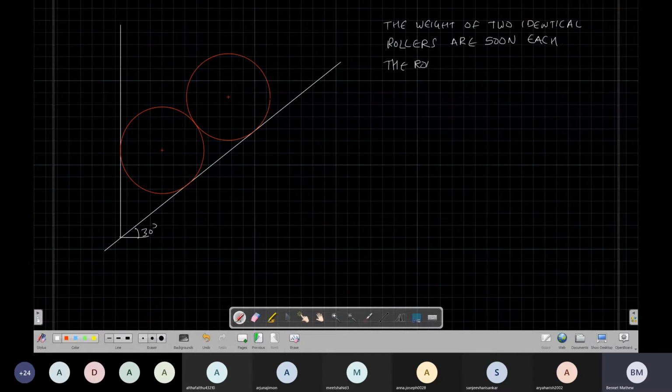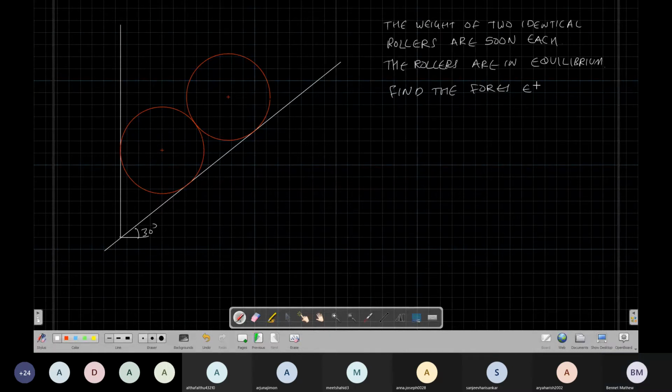The rollers are in equilibrium. KTU. Okay. Find the forces exerted by the walls on the rollers. Okay, this is the question.